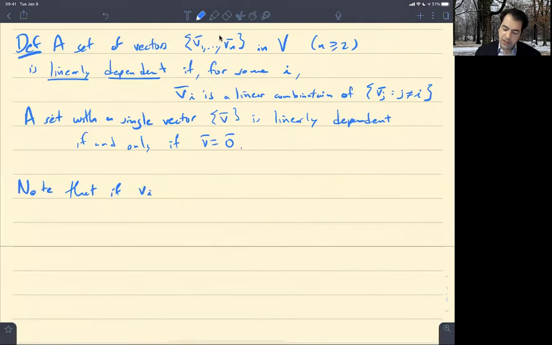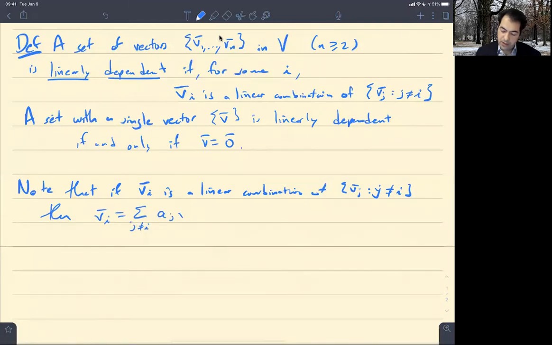So notice that if vi is a linear combination of the vj's with j not equal to i, then vi is equal to a sum over j not equal to i of aj vj for some aj in the field.